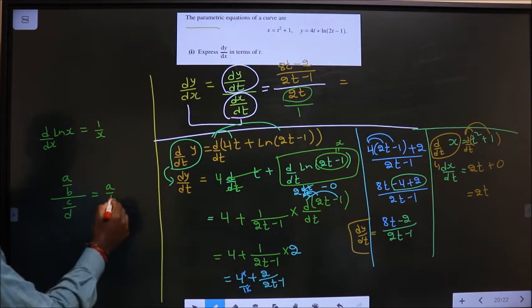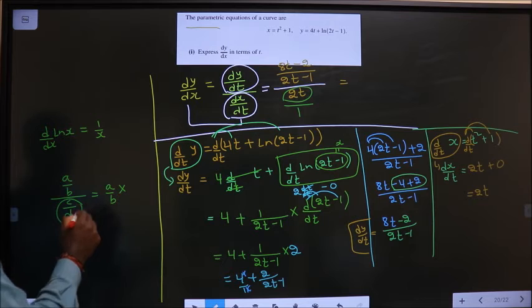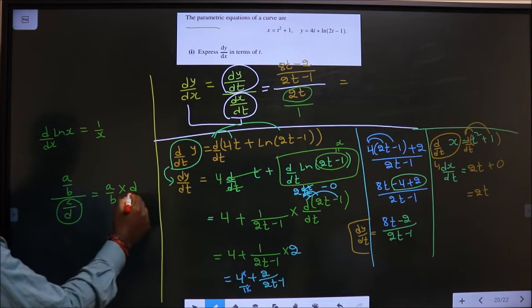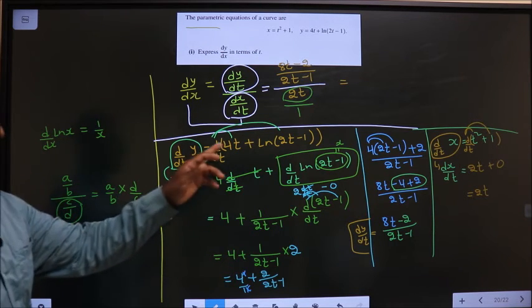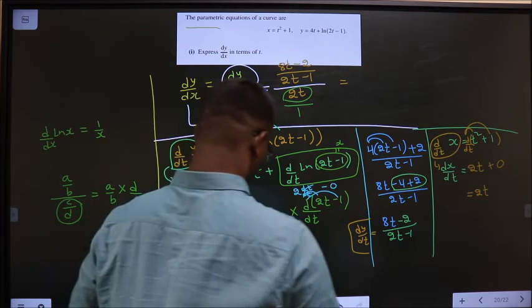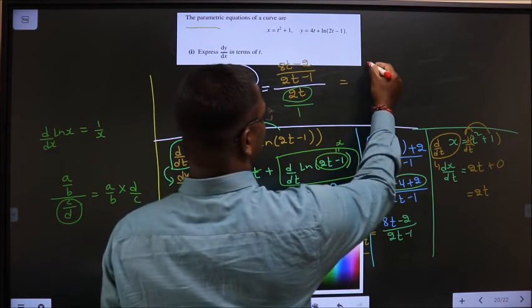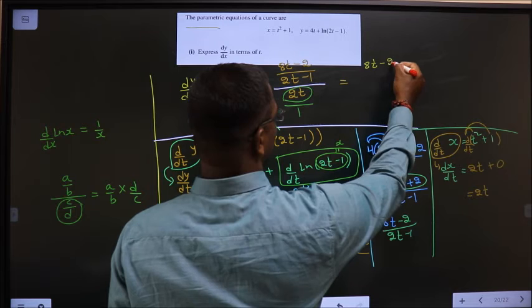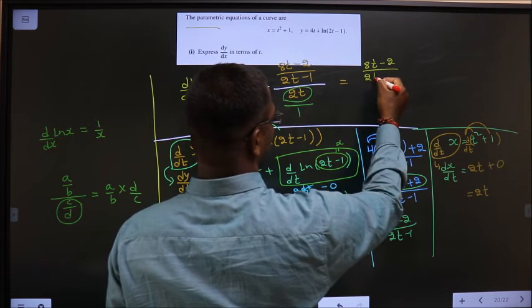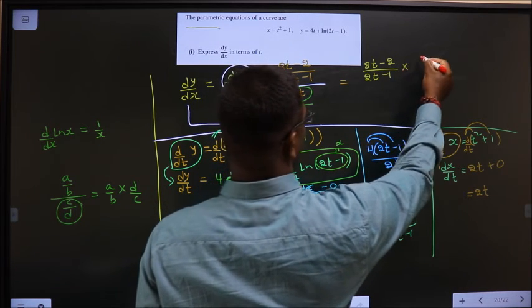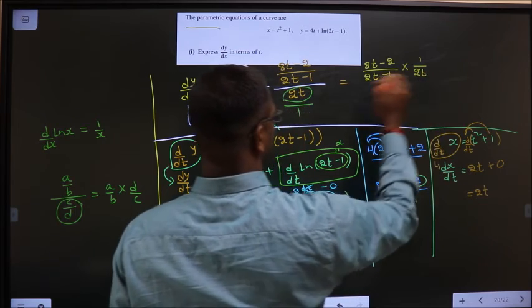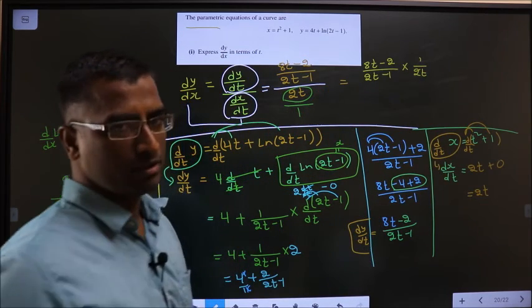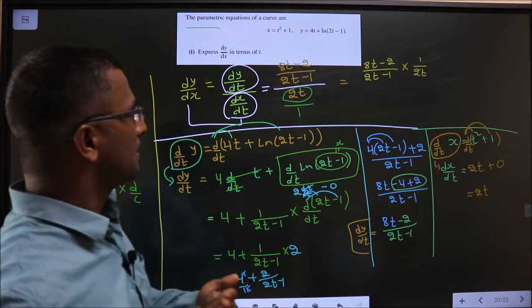In this case you get a by b, and when c by d comes up, it gets reciprocated. So the same thing here. You get 8t minus 2 by 2t minus 1 into 1 by 2t. Reciprocal of this one.